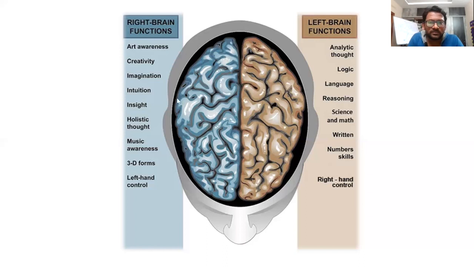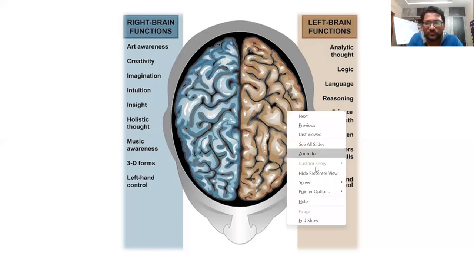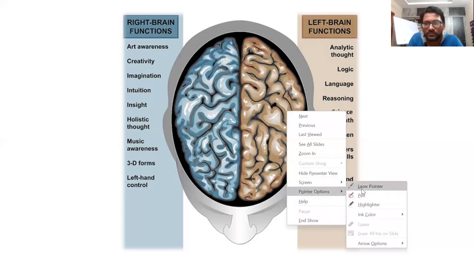In general, they are given 3D forms, music awareness, holistic thought, etc. But let's see what exactly is done by the left hemisphere. The image here is a general image, but try to focus on what I am telling.